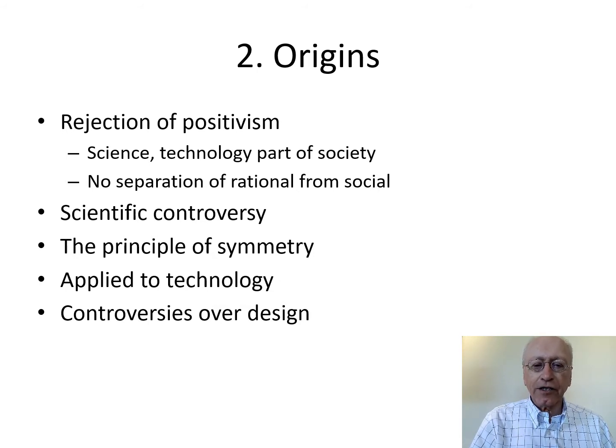Applied to technology, we can see how it helps us understand controversies over design. The winning design, the one which prevails and which we now live with, is not necessarily better than the designs that lose, not better in some absolute sense.